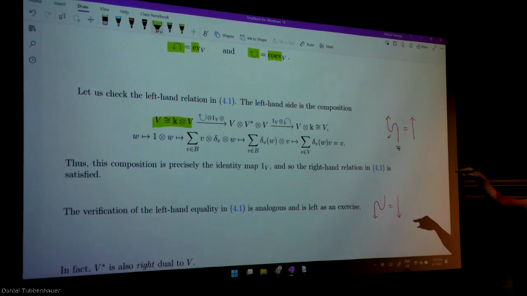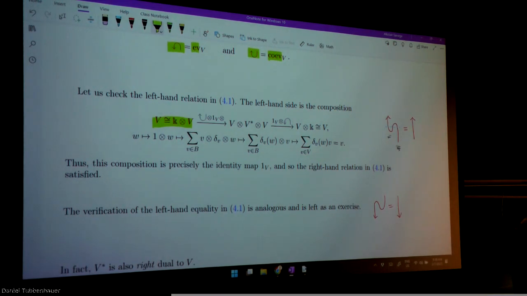This is just a subtlety that arises from the fact that vector spaces is not actually a strict monoidal category. We're always implicitly using this type of isomorphism. That isomorphism sends some vector to just the unit in the field tensor that vector.